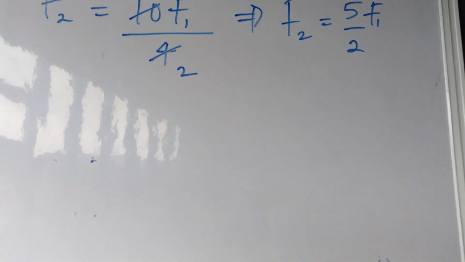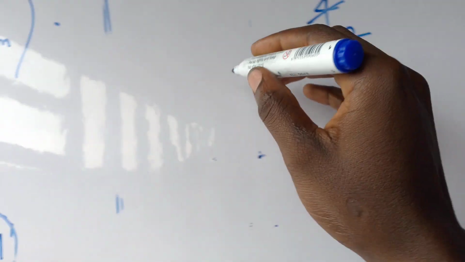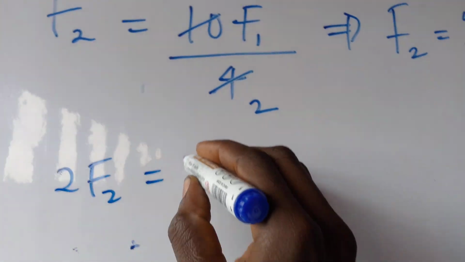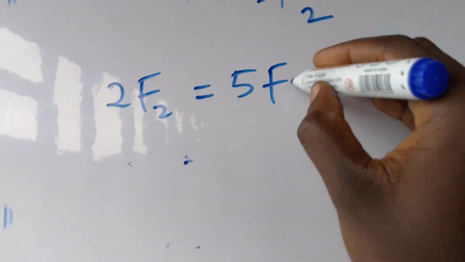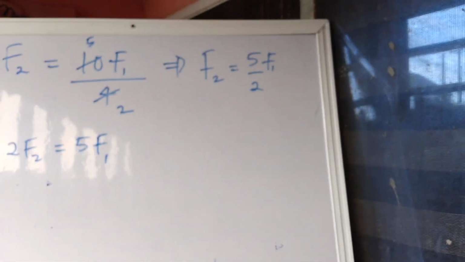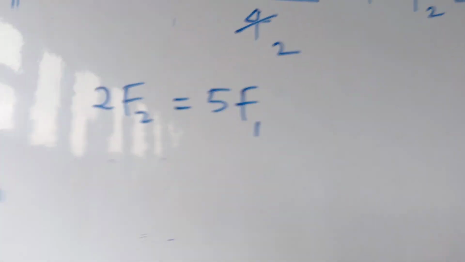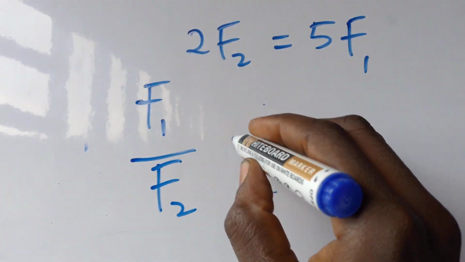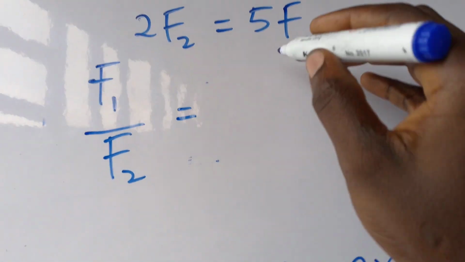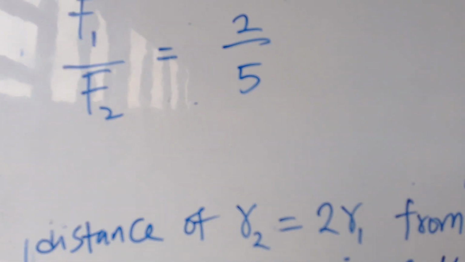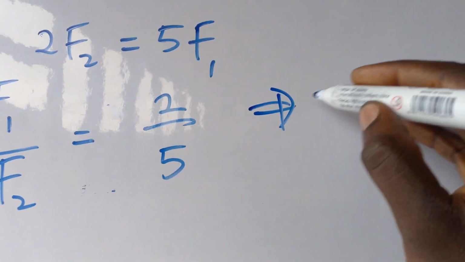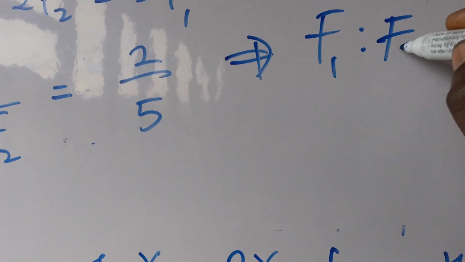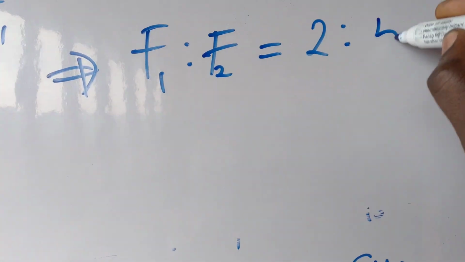If I cross multiply, I'm having 2F2 equals 5F1. And the ratio of F1 to F2 will be equal to 2 over 5, equivalent to the ratio F1 to F2 being 2 is to 5.